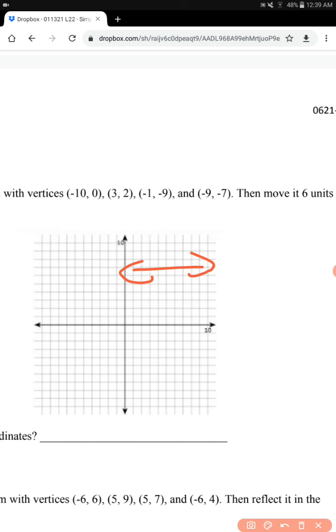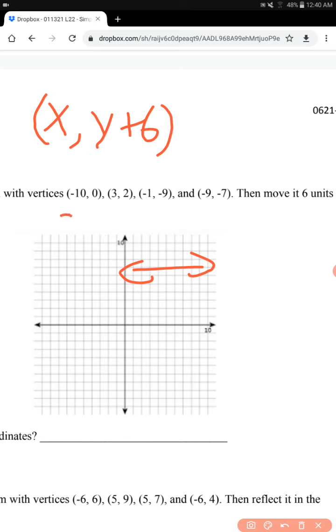The x value stays the same. But if we're moving it 6 units up, like the question asks, we would add 6 to the y value. So it becomes y plus 6.